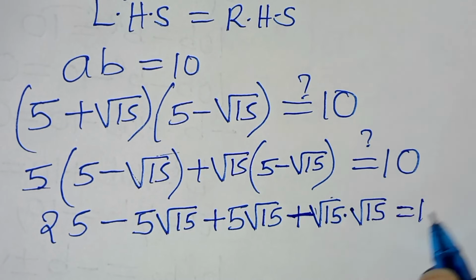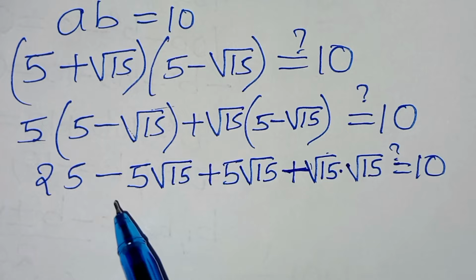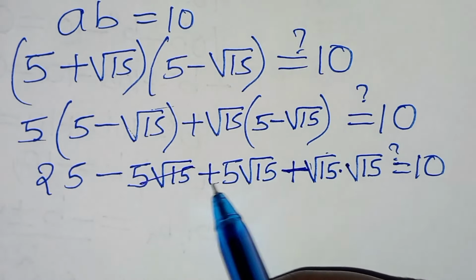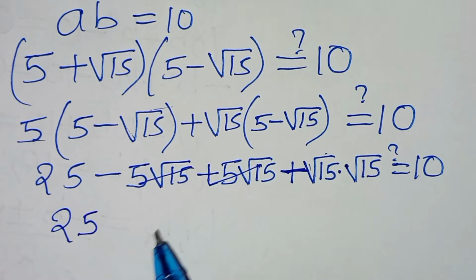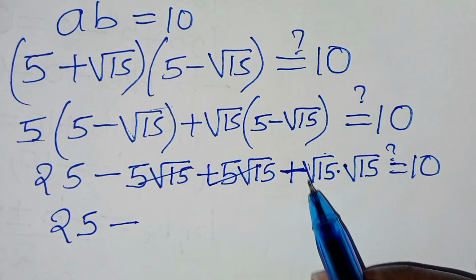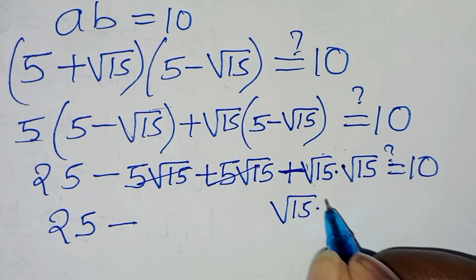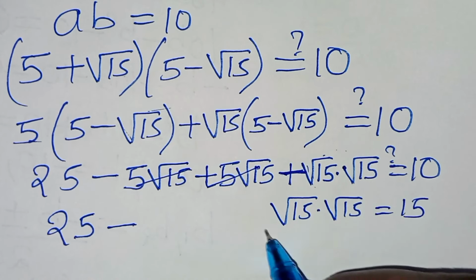This should give us a value of 10. So here we have minus 5 square root of 15 plus 5 square root of 15 simplifies. So that now we have 25 minus, now square root of 15 times square root of 15, this is equal to 15.